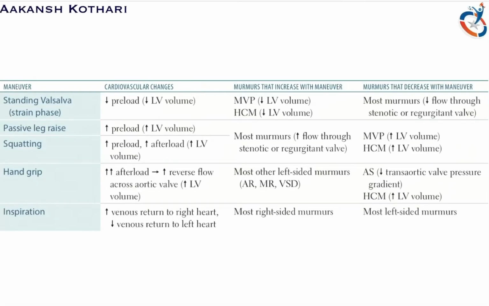This is the major cardiovascular change that occurs. Whenever a person does the standing Valsalva maneuver, there is a decrease in the preload and a decrease in the left ventricular volume. Now due to the decrease in preload, the murmurs that increase with the maneuver are mitral valve prolapse and hypertrophic cardiomyopathy.